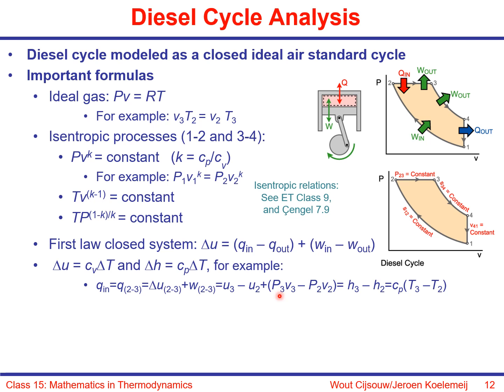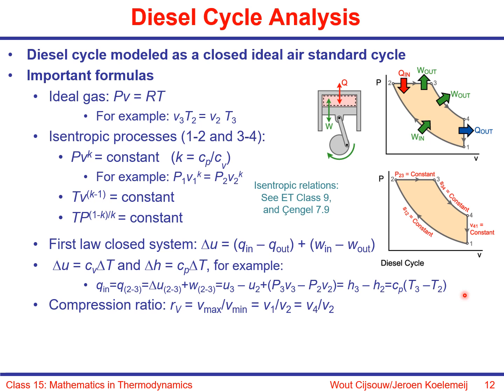So if you realize that P3 and P2 are the same, then it actually says P delta V. And then we recognize this is indeed work that's done. But now we can group this U3 and this P3 V3 together into the enthalpy H3. So we can actually rewrite this in a simpler form. And for this enthalpy difference, we can use this expression here, which is valid for an ideal gas.